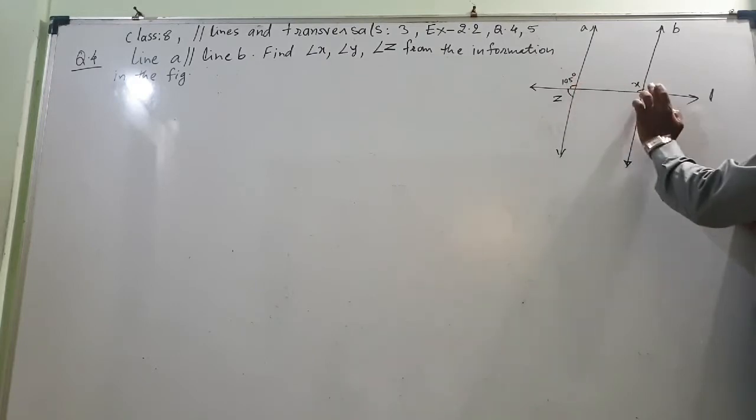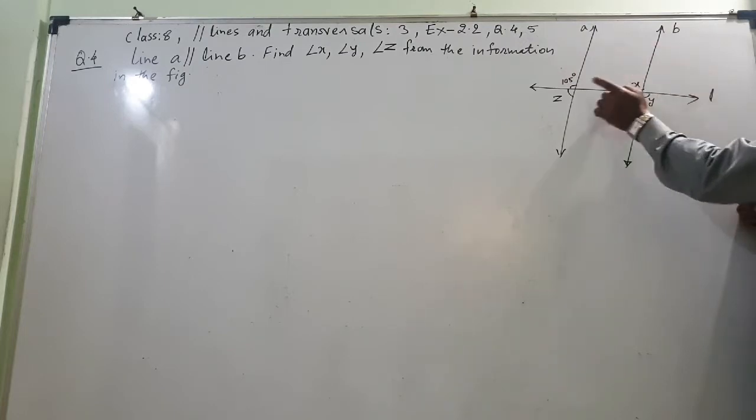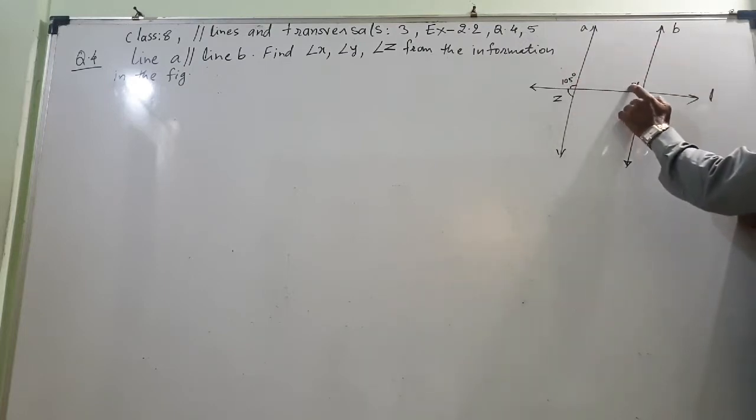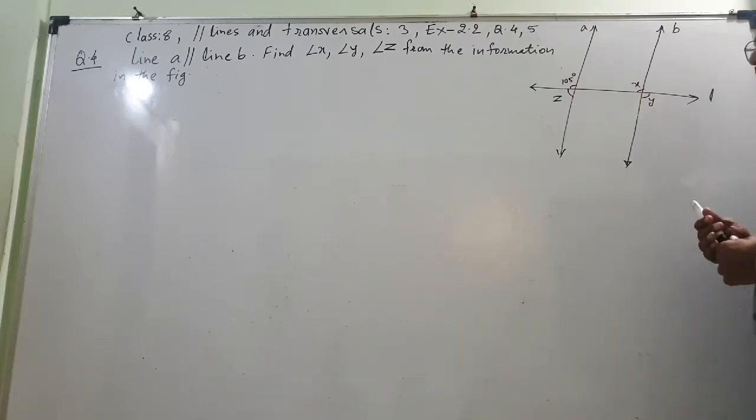This is above, this is also above. So 105 and this X are at the same position. They are called the corresponding angles.